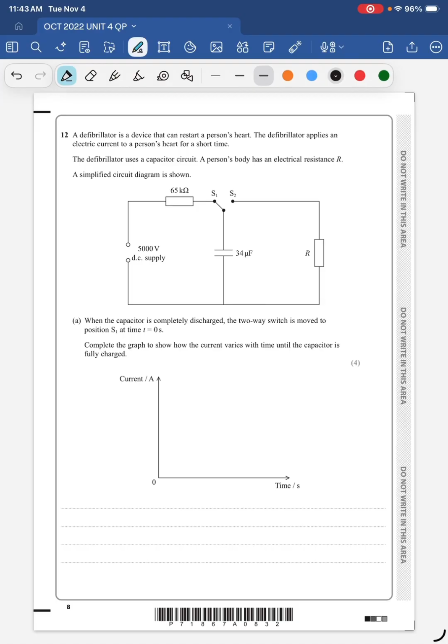Okay, so I guess this is the person, so resistance. Okay, the capacitor, we have switches. Question A. When the capacitor is completely discharged, the two-way switch is moved to position S1 at time 0. Complete the graph to show how the current varies with time until the capacitor is fully charged.